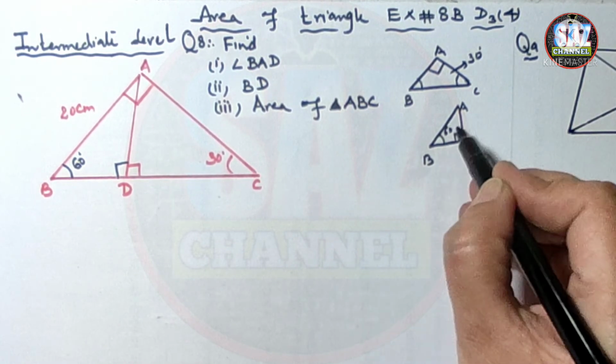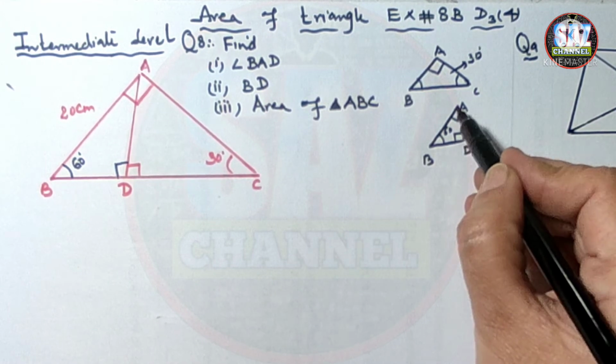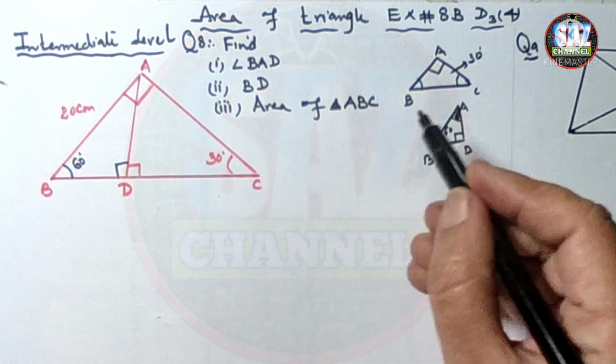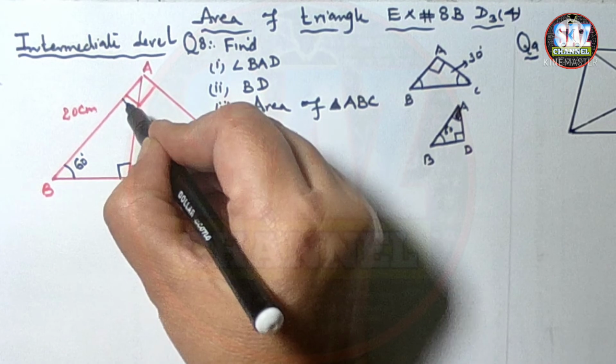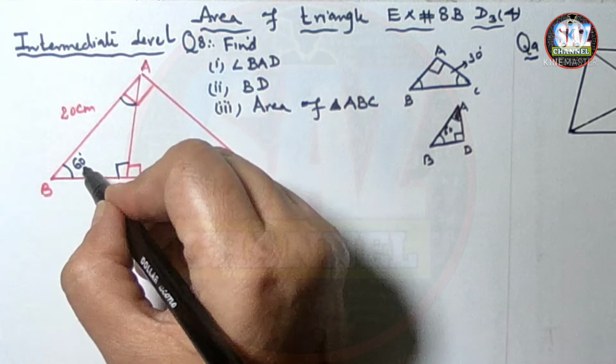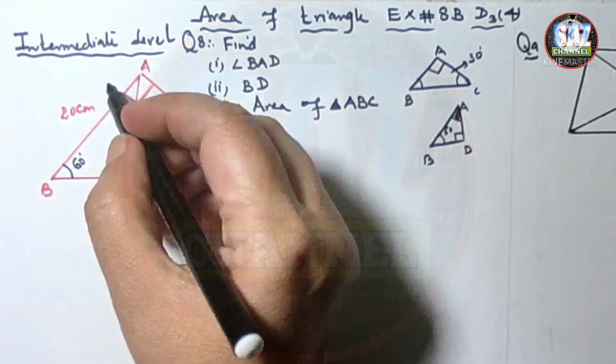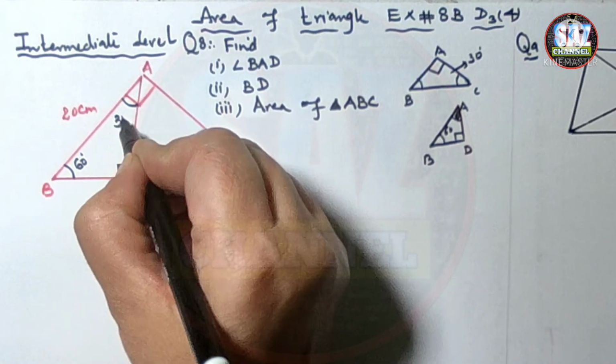Again, by using the property that the sum of interior angles of a triangle is 180 degrees, I can get the value of angle A in this small diagram: 90 plus 60 is 150, 180 minus 150 gives me 30 degrees.